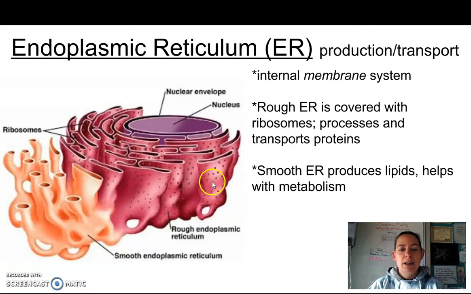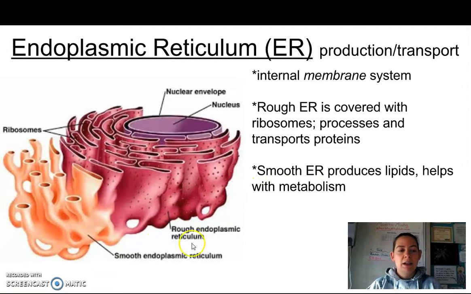So ribosomes will come and attach themselves to the rough ER when they're making a protein that needs to be stuck in the membrane. Remember those channels that we talked about, those proteins that are stuck in the cell membrane? There's a lot of those, so when one of those needs to be made, it gets made here in the rough ER, and then it gets processed and transported to where it needs to go.